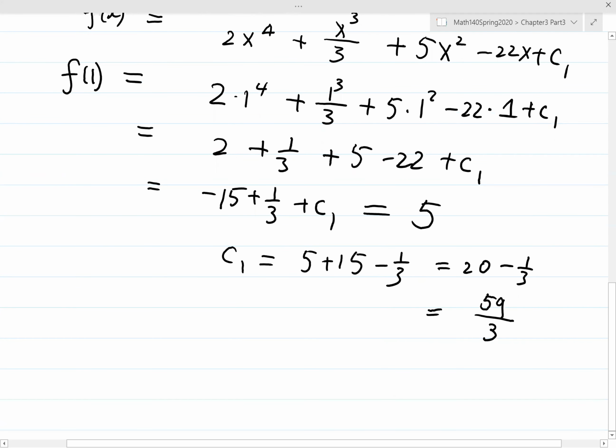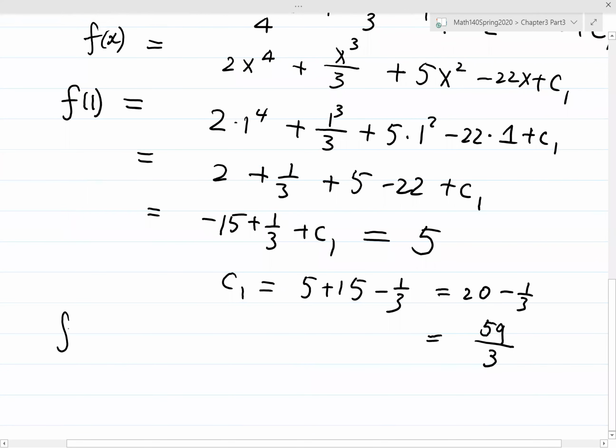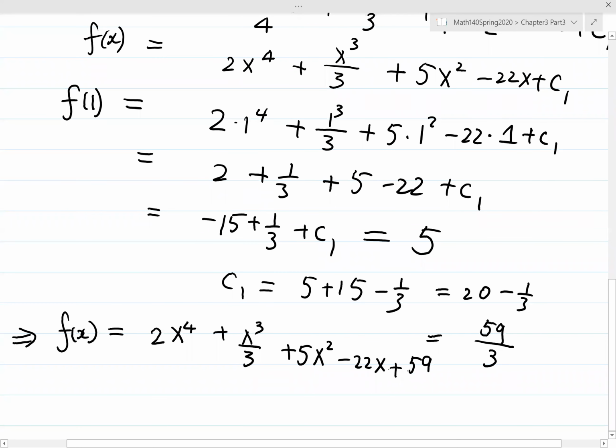So c1 is 59/3. Now we can write down fx. Fx will be 2x to the power 4 plus x cubed over 3 plus 5x squared minus 22x, and c1 is plus 59/3. Then we are done.